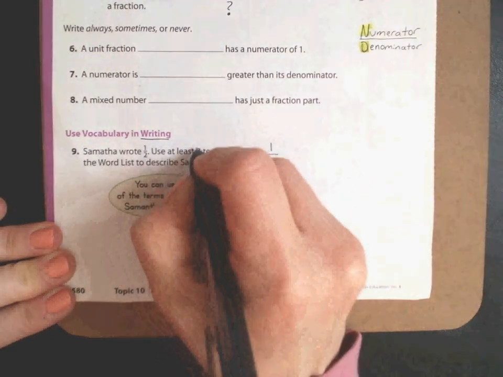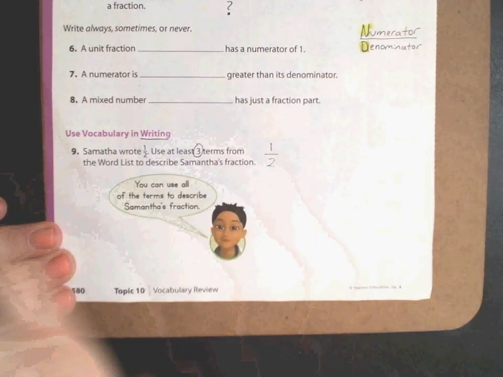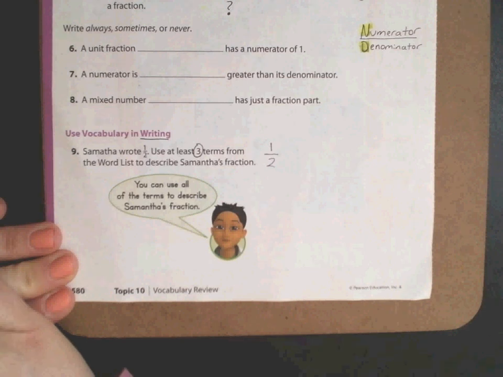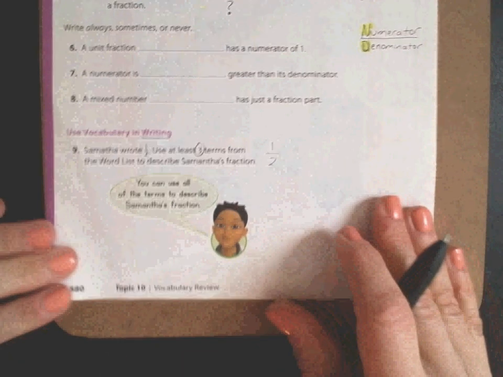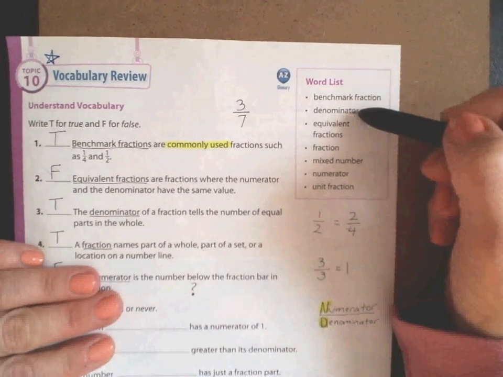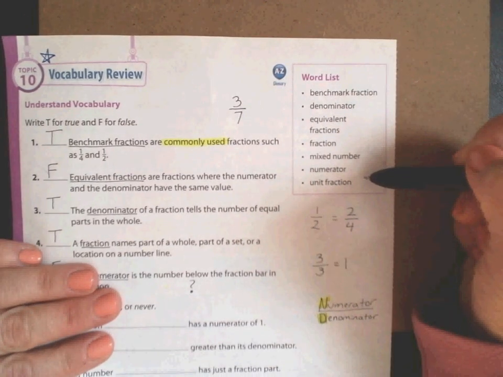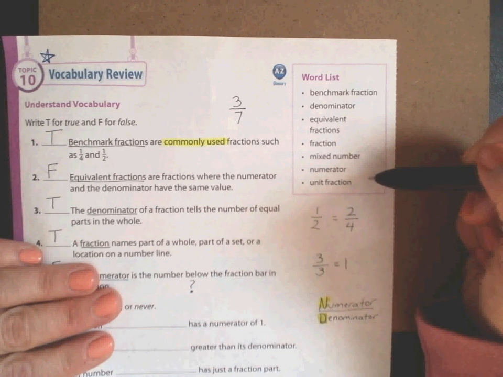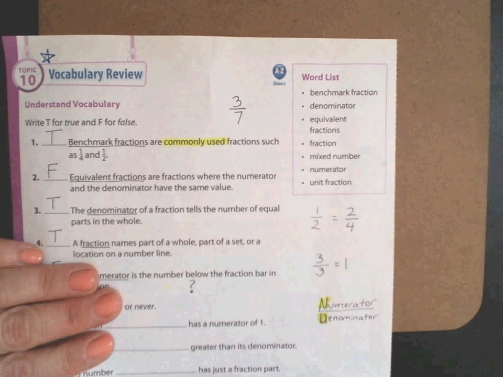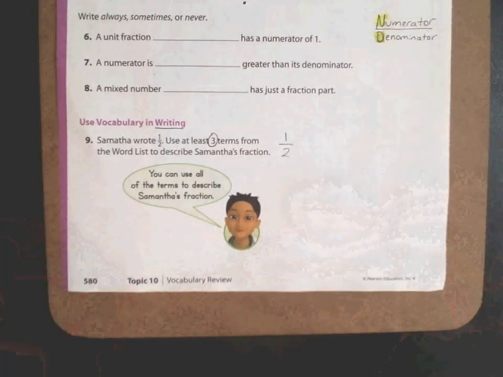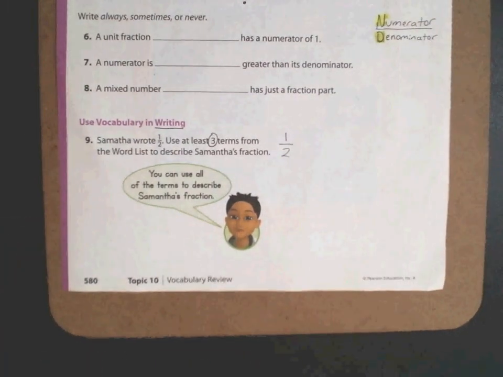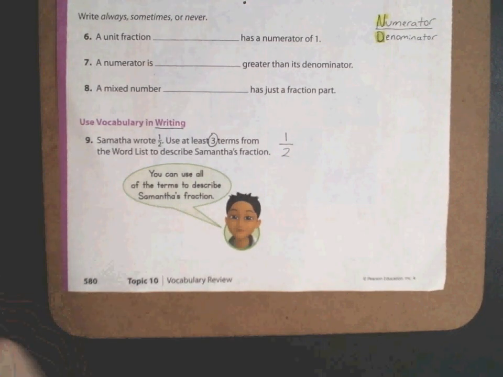Use at least 3 terms from the word list to describe Samantha's fraction. So your word list is up here, so you want to make sure that you're using 3 of these words in a sentence, not just listing the words out. So go ahead and freeze the video, and when you're ready to come back, once you've done 6 through 9, press play and we'll go over the answers.